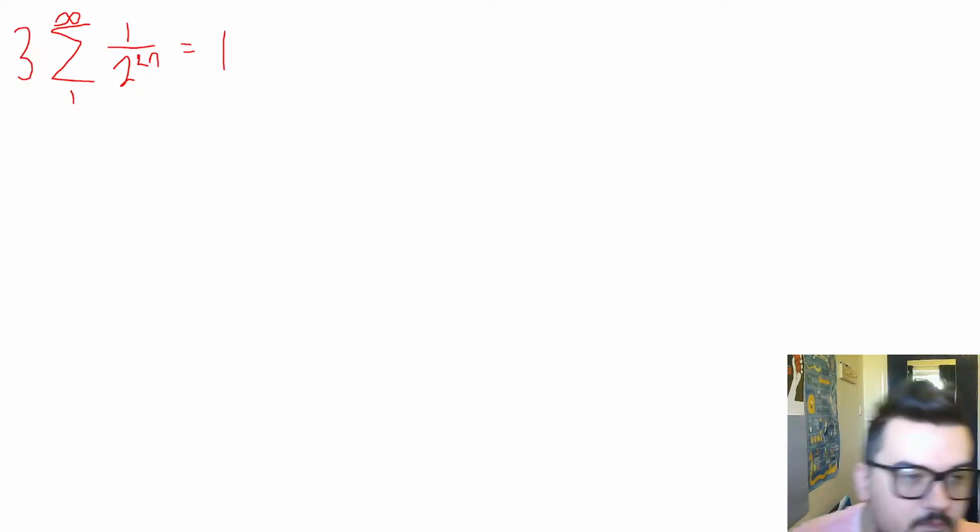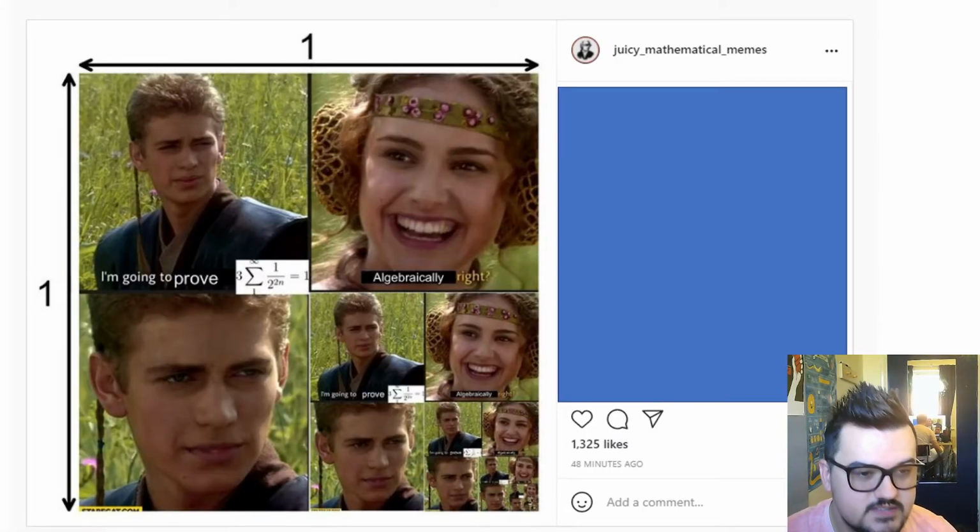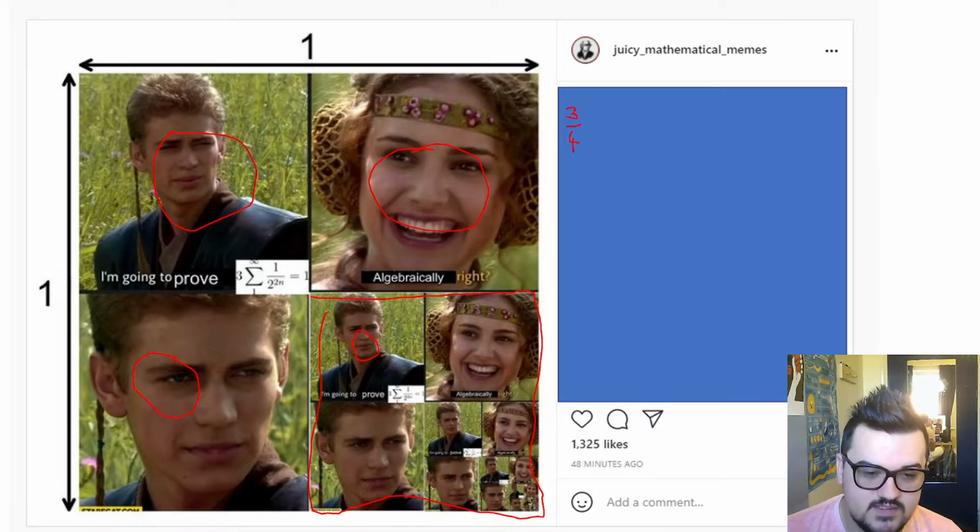If we look at the image itself, we've got 1/4 here, 2/4 here, 3/4 here. So the first thing we have is 3/4. Next, this quarter here is split up into quarters, so we have 16ths. So we have 1/16, 2/16, 3/16, and then it's split up again.